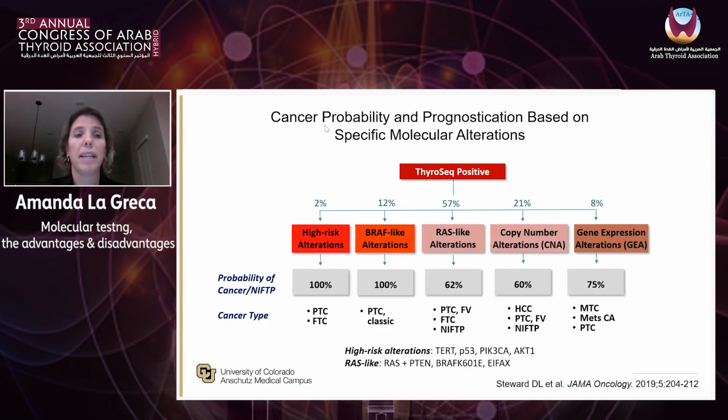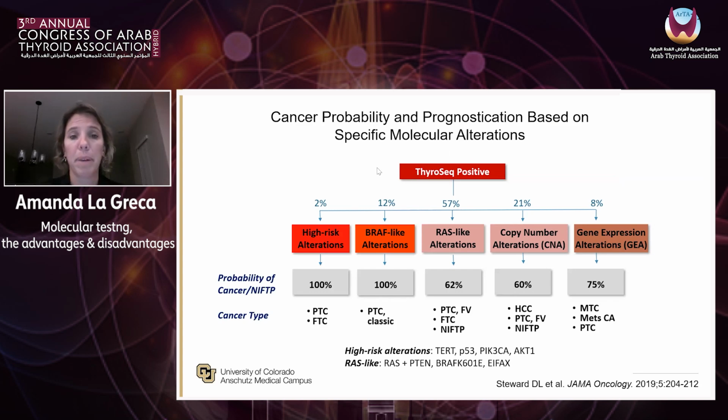So what is the cancer probability and prognostication based on specific molecular alterations? Why do we sometimes want to know the specific alteration instead of just the rate of malignancy? Because it does give you some prognostication.